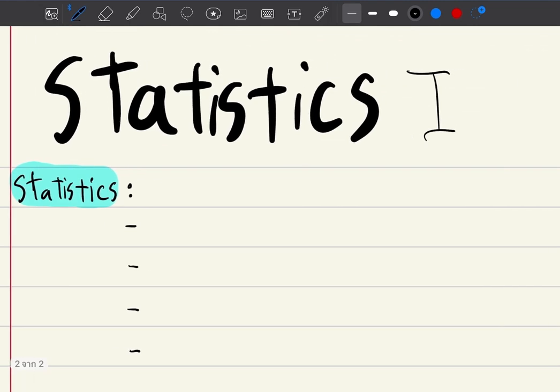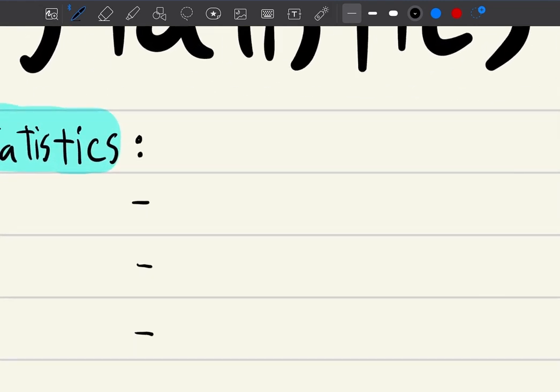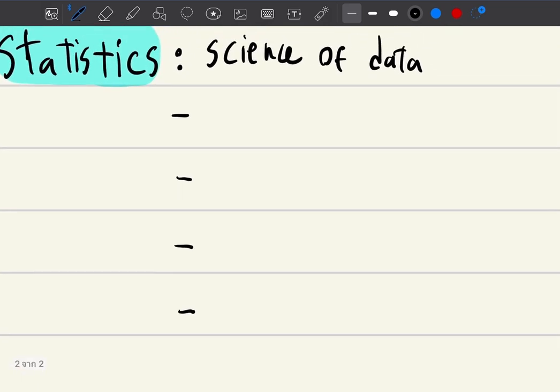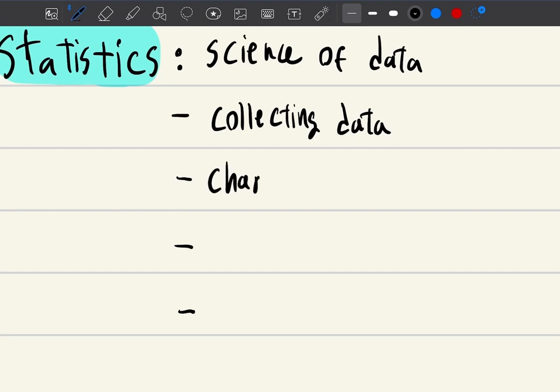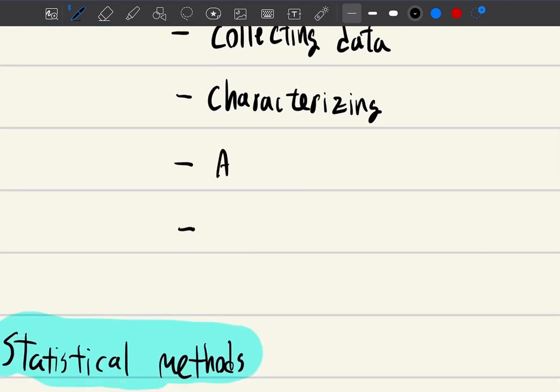What is statistics? Statistics is a science of data that involves collecting data, characterizing, analyzing, and interpreting data.